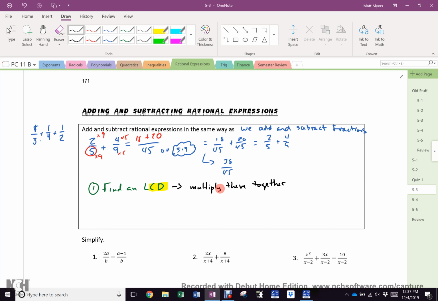If we're just multiplying them together, aren't they already in factored form? So when we have to simplify later, they're already broken down for us. Everybody with me? So, I would like to suggest multiplying them together. Don't expand.